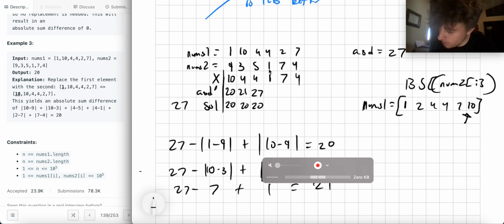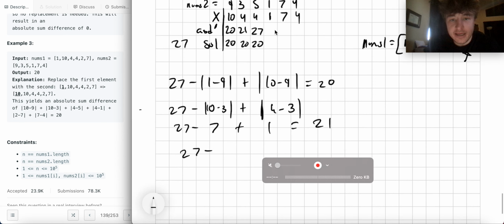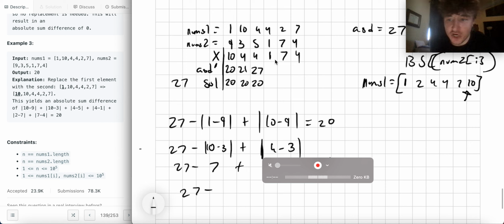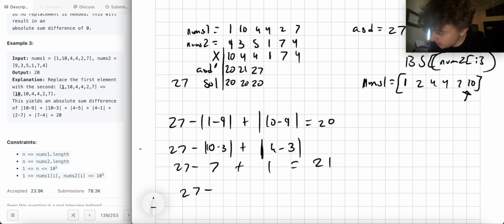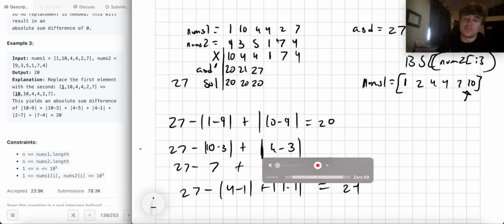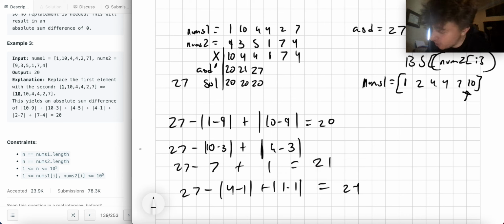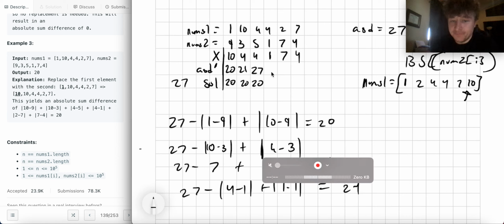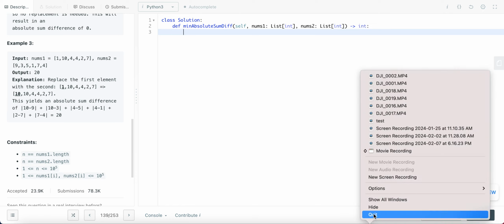So you're going to get 27 minus the application of this here, which is 4 minus 1. Now it's going to be 1 minus 1. So you're going to get 27 minus 3, which is 24. So you actually get the best thing you can possibly in the slot, but what was there before wasn't what's causing the greatest issue. So even though you get the best thing for this 1, the difference before wasn't that bad. So the score isn't improved, and so on and so forth. So we'll quit this.